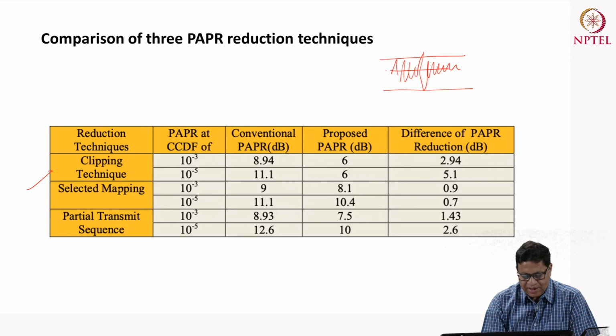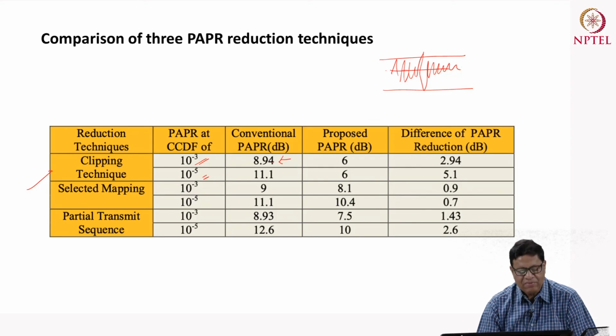Using the clipping technique, we want to calculate the PAPR at a certain BER. So in this table, it is 10 to the minus 3 and minus 5. If you don't do any clipping and you calculate the PAPR, it is, for example, 8.94 dB in the case of 10 to the minus 3 BER. But if you use the clipping technique, clip at either end or at both ends, it gets reduced to 6 dB. So there is an advantage of 2.94 dB, which actually improves the overall performance of the system.